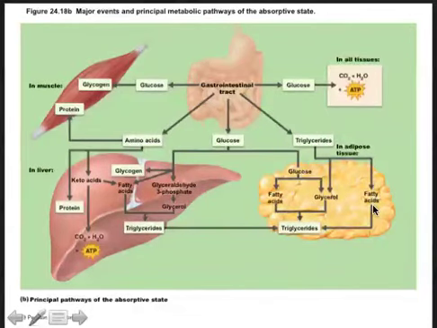The fatty acids can be used to form glycerides with glycerol as well. So basically fat can be broken up into its components and can be resynthesized into fat in the adipose tissue. And then finally, glucose can be used directly for energy in all tissues via glycolysis, the Krebs cycle, and the electron transport chain.